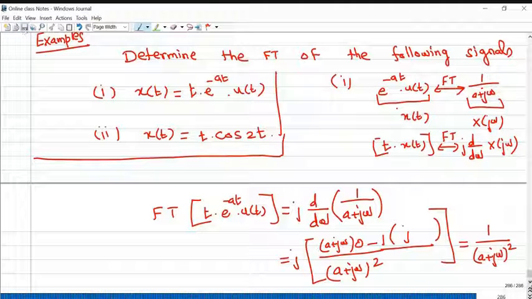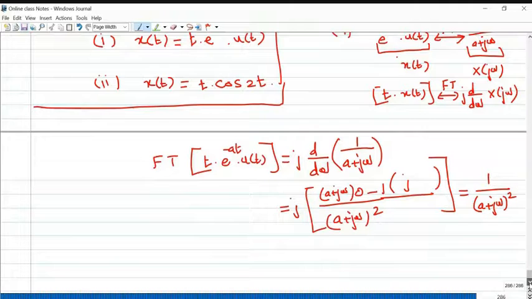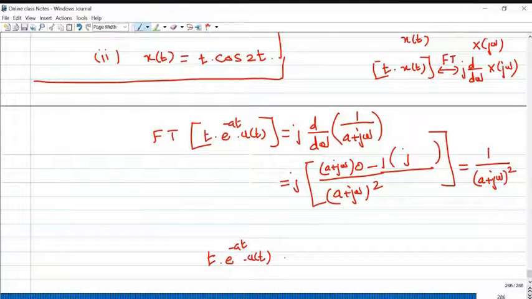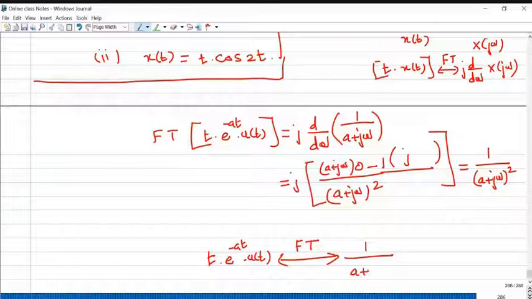So this is another formula actually. e power minus at u of t has Fourier transform 1 divided by a plus j omega. t e power minus at u of t has Fourier transform 1 divided by a plus j omega whole square.